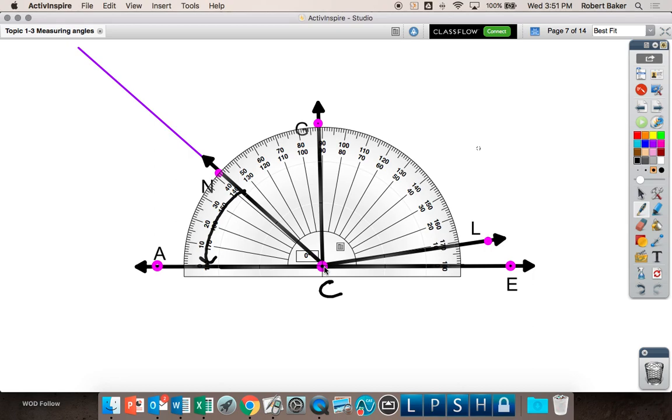Step 3, measure. The angle is opening to the left, so I must use the top scale. 10, 20, 30, 43. My angle is 43 degrees. Your angle is 45. I expect them to be different. Now, if you told me that your angle is 138 degrees, I'd be like, but you're wrong.